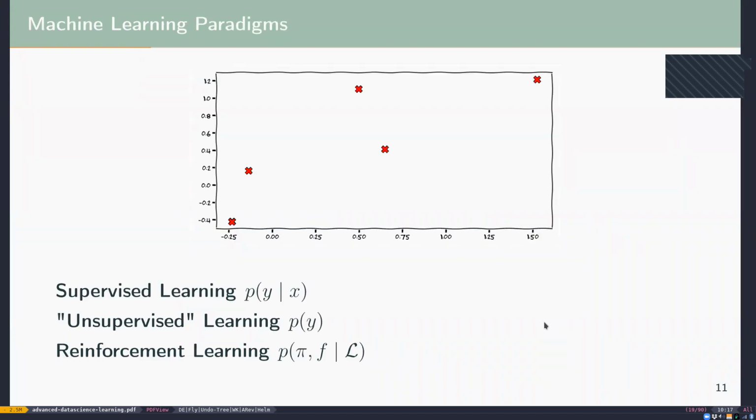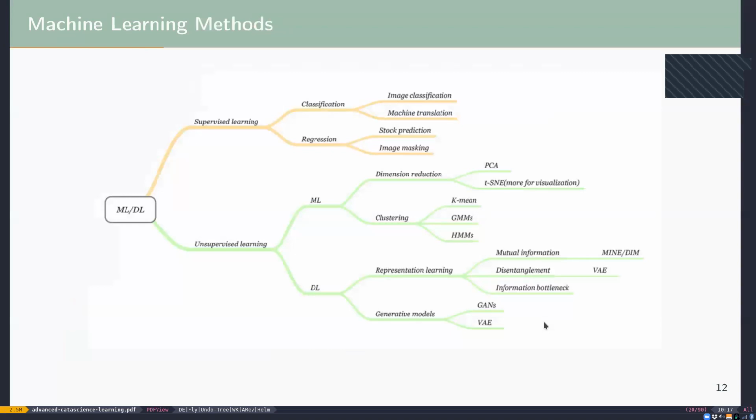What people often do is split up machine learning and look at it in different ways. We can talk about supervised, unsupervised, and reinforcement learning. And then people say, cool, let's look at methods, and then you find graphs like this one I found on the internet.